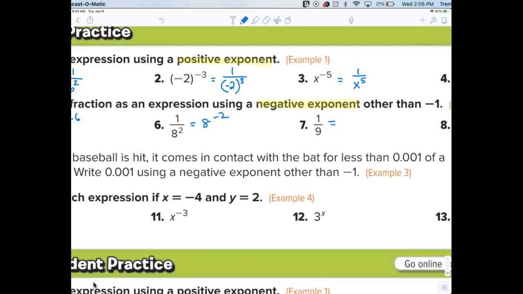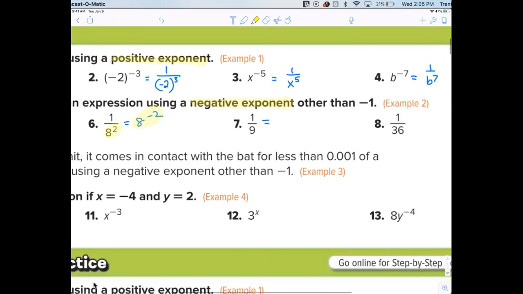Look at number 6. I'm asking you to look at number 6. It's 8 squared. So the correct answer is 8 to the negative 2. If you move it from the denominator to the numerator, you change the exponent.